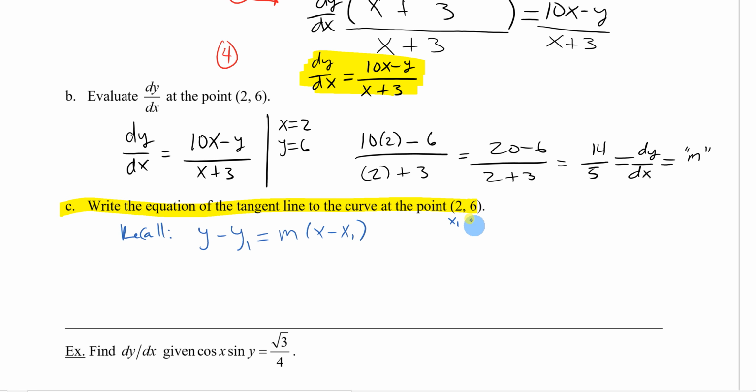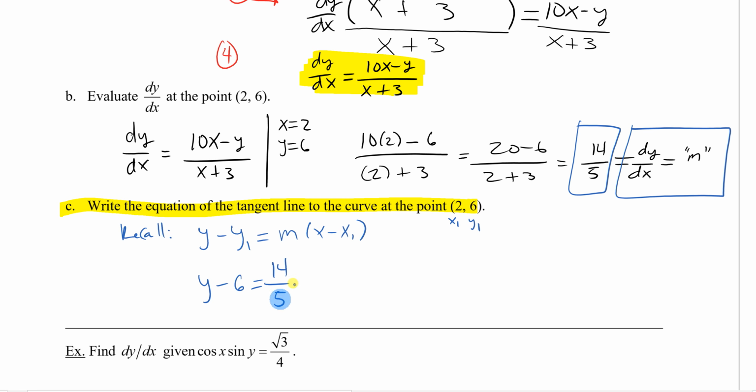This is x1, y1, and just place every point in its spot. The m is the answer from part B, this part right here. 14/5, x minus 2. And you don't want to proceed after this. You leave it alone. Answer in part C is done.